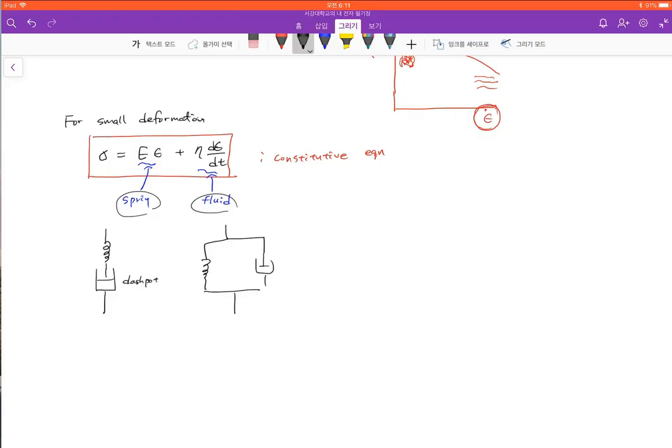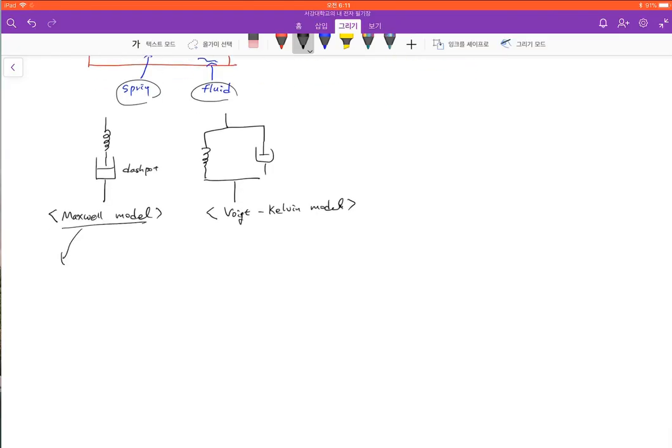The model on the left, which locates spring and fluid in series, is called the Maxwell model, and the model on the right is called the Voigt-Kelvin model. Let's just consider the Maxwell model, and you can look up the Voigt-Kelvin model in the textbook. All right, so the Maxwell model.